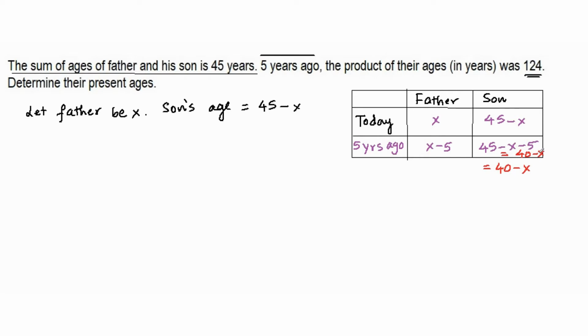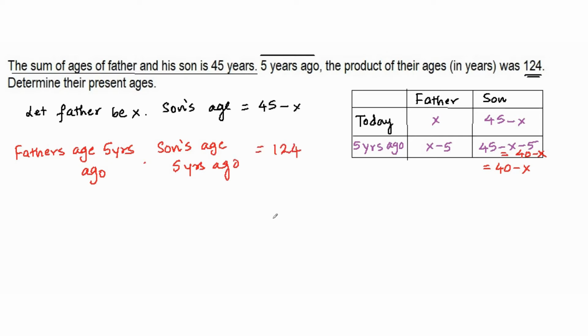Now it's given that 5 years ago, the product of their ages was 124. That is father's age 5 years ago multiplied by son's age 5 years ago. The product was 124.